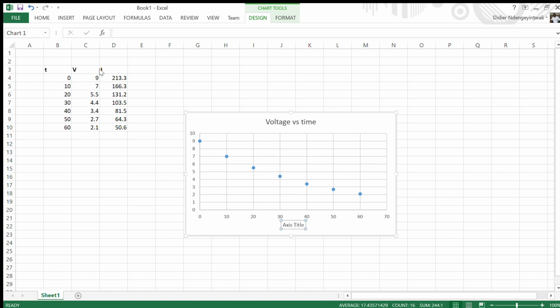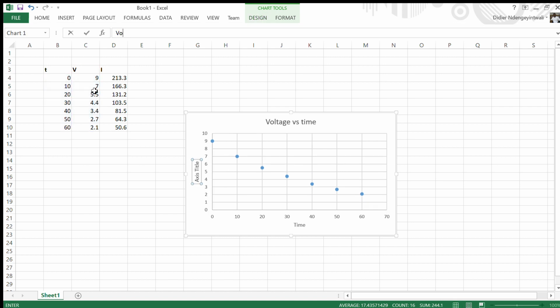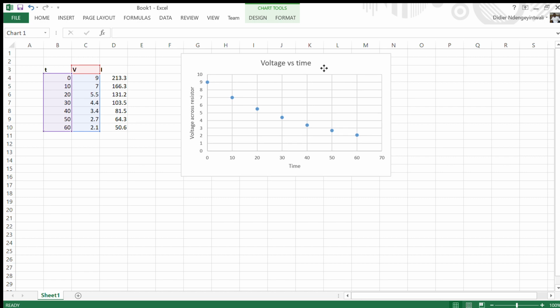You can include axis title, horizontal, so that's time. So design, add chart element, and we have voltage here, voltage across resistor. So that's it. That's all you need. You see that the voltage decreases as time goes by.